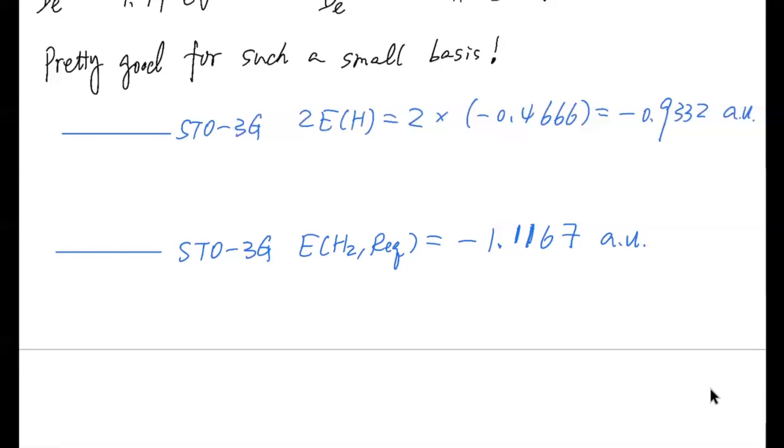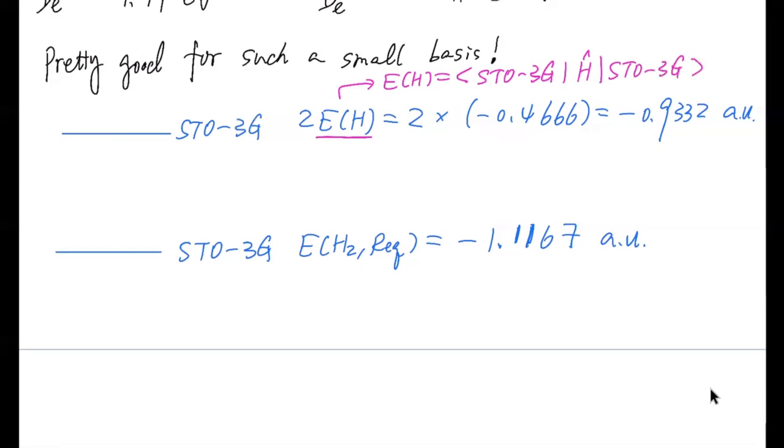Here, because we have to use the same basis, the energy of an isolated hydrogen atom is calculated as the expectation value of the STO3G basis function, H STO3G.